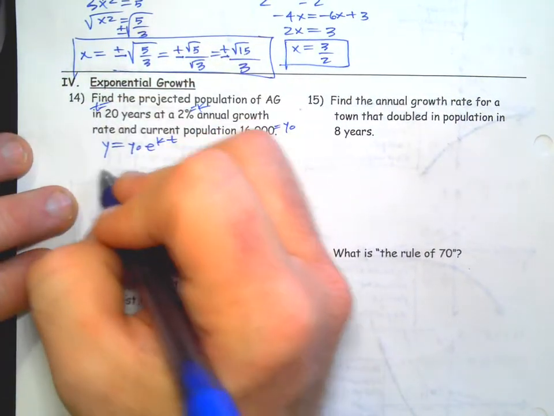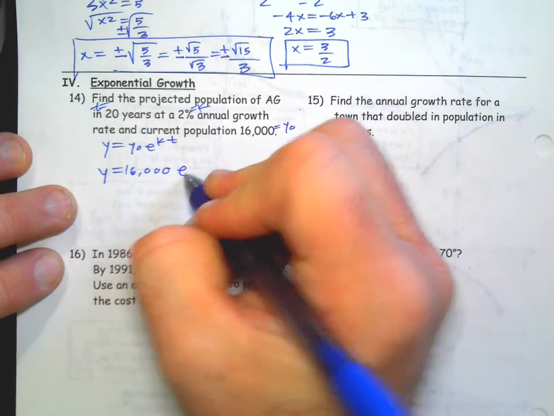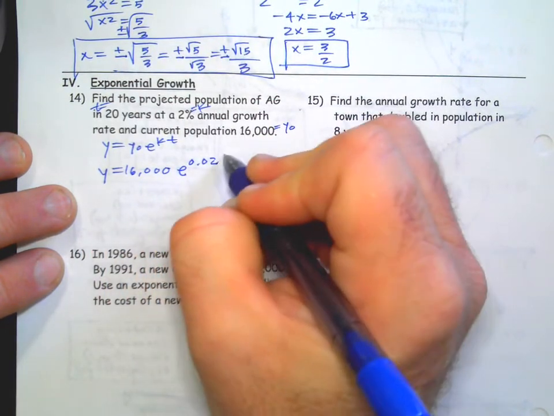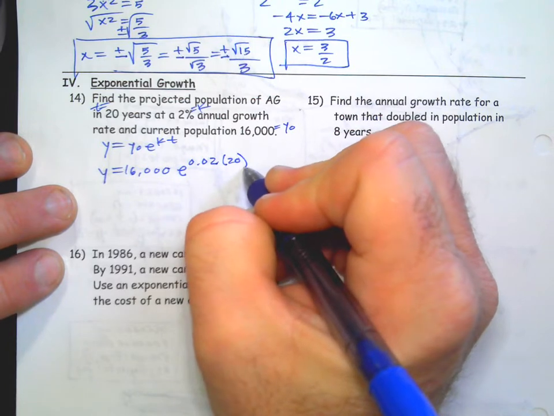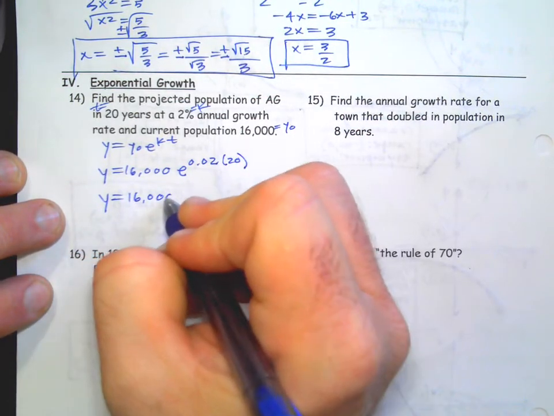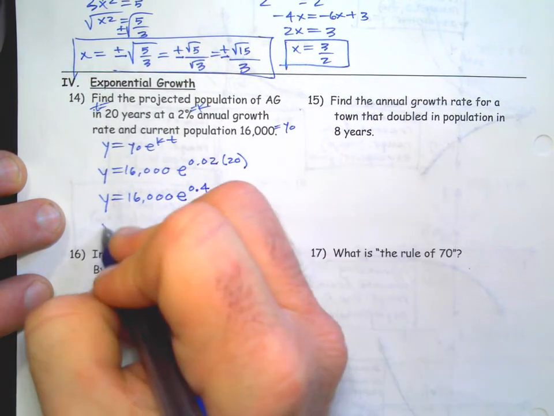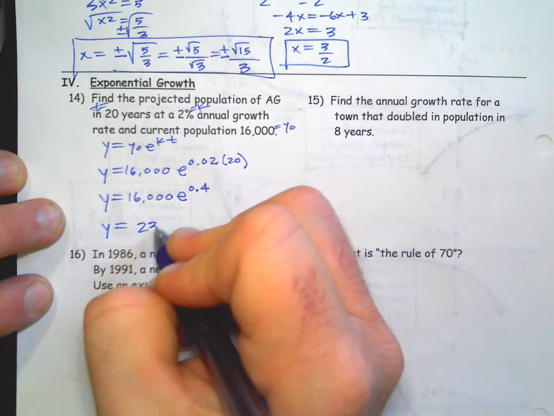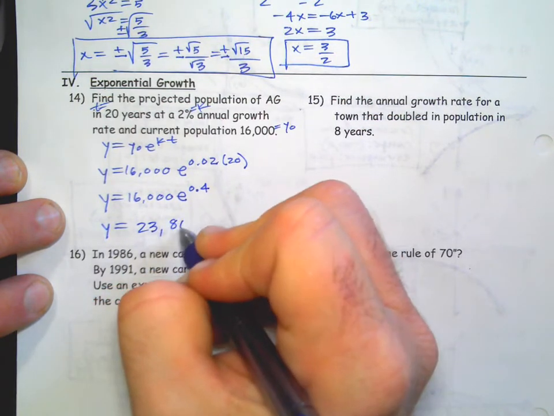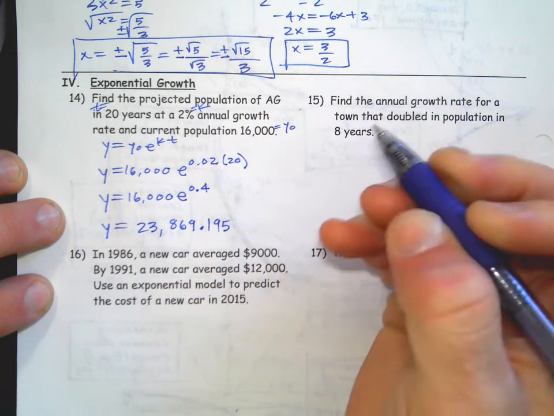So we're just going to plug these things in. 1,600 e to the 0.02 times 20 years. So the exact answer is 1,600 e to the 0.4. On your calculator, that'd be 23,869.195 people, something like that.